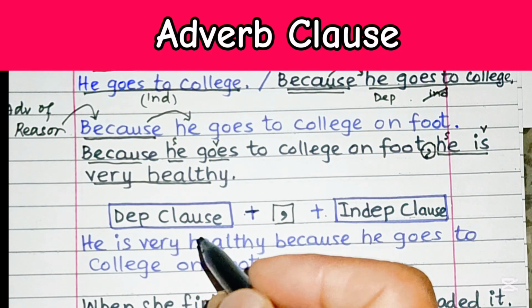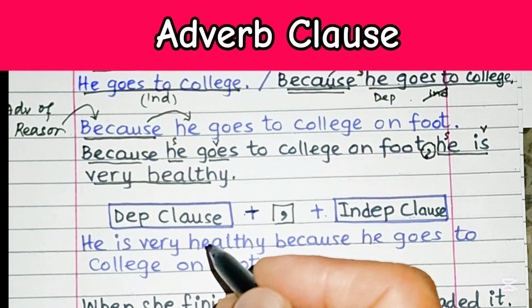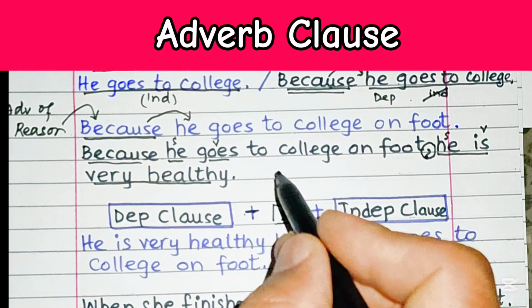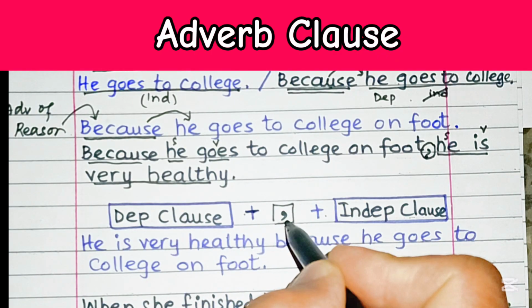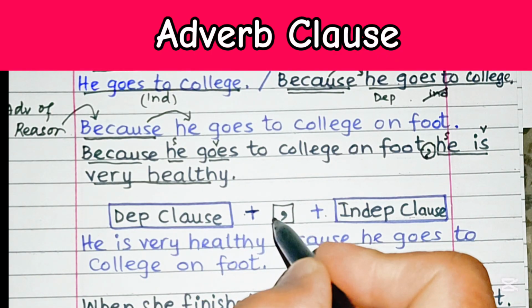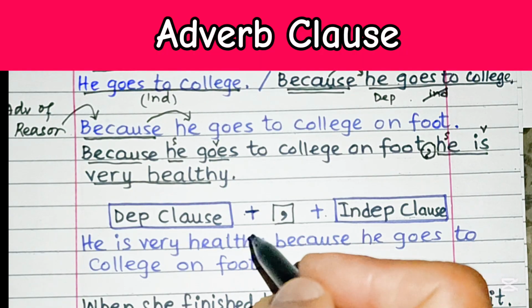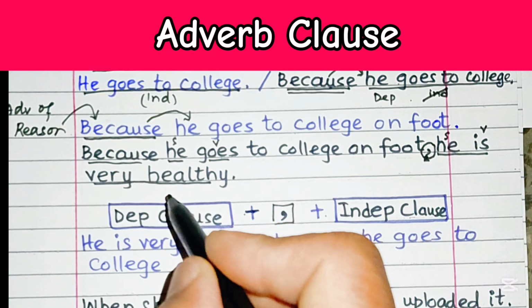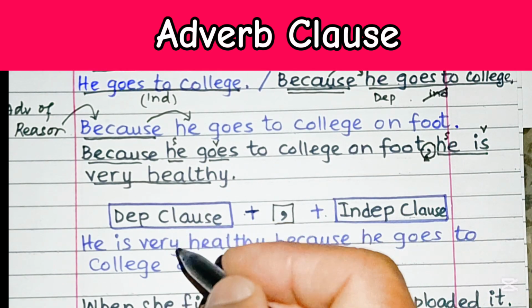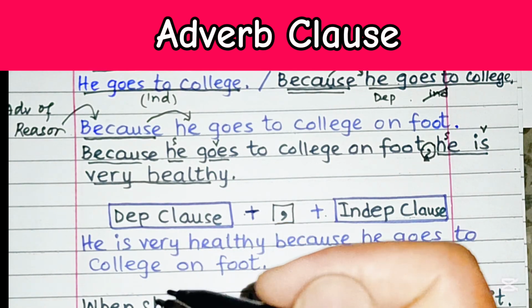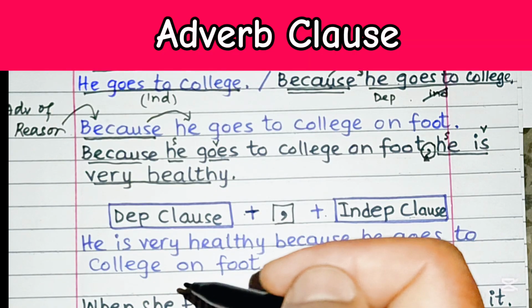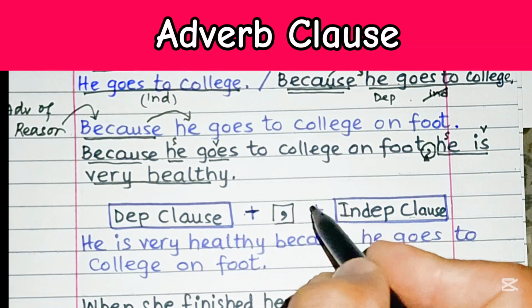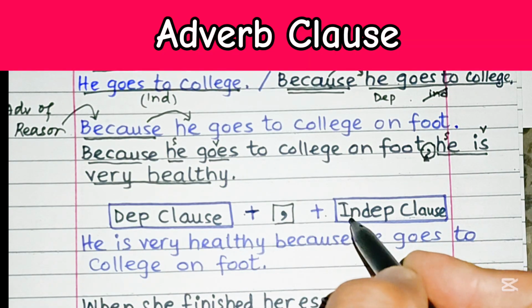So when we create a complex sentence, we need to add a comma right after the dependent clause at the beginning. Because he goes to college, and then this comma, and then he is very healthy. Whenever we start a sentence with a dependent clause, we need to put a comma before the next clause, that is an independent clause.